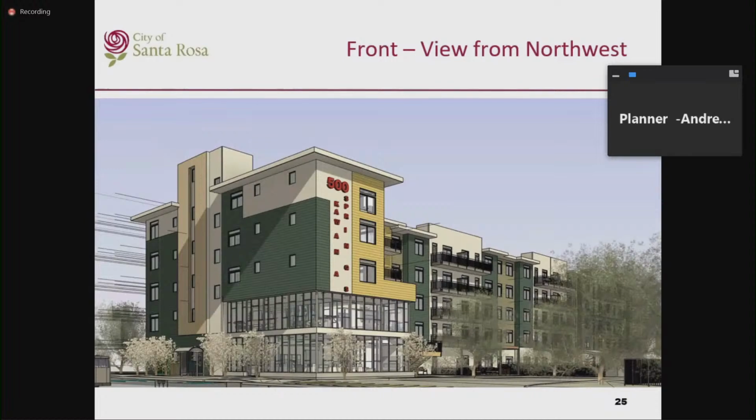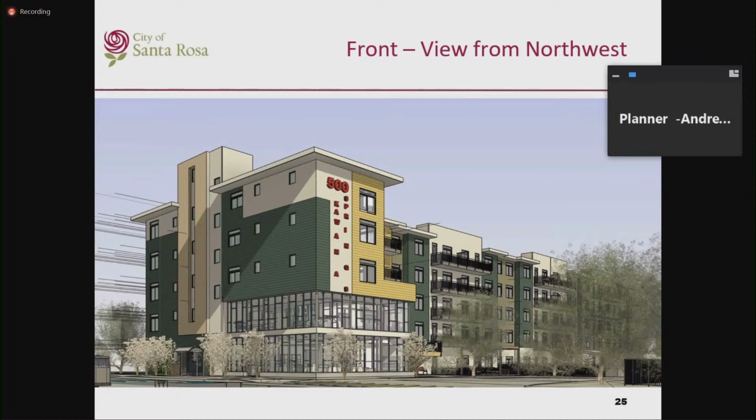And so here we have a view of the project site from the northwest. So this would be from Kiwanis Springs Road, approaching it from the west. And here we can see that we have this two-story volume of community space with great transparency, so you can see into the activities going on there, and the very strong vertical form of the front of the building.